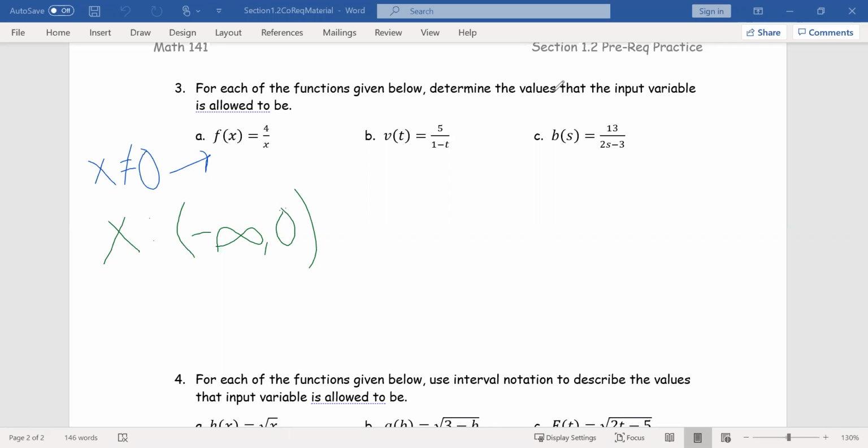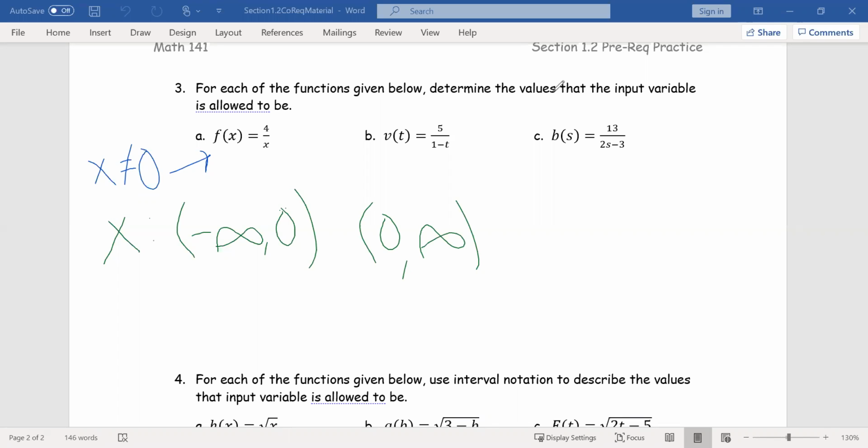Like -0.5, -0.25, those sorts of things. I just can't have 0. I can have every little number up to 0. But then I can also have numbers bigger than 0, right? So how do we include that here? Well, again, we could start with 0 now. Okay, again with the parenthesis because it's not included, and then go up to +infinity.